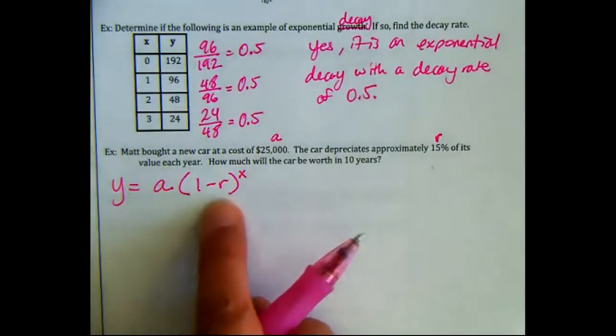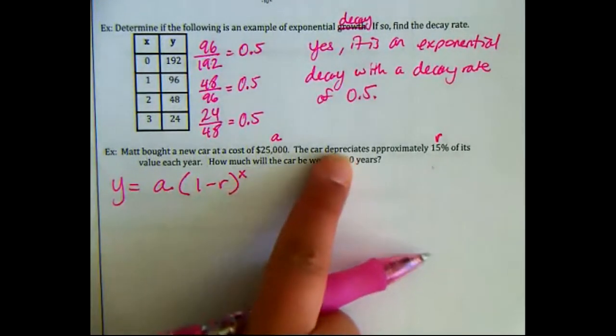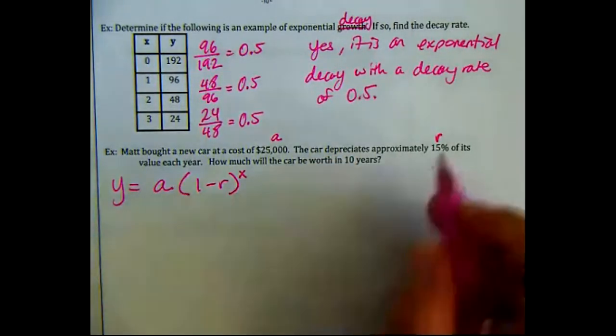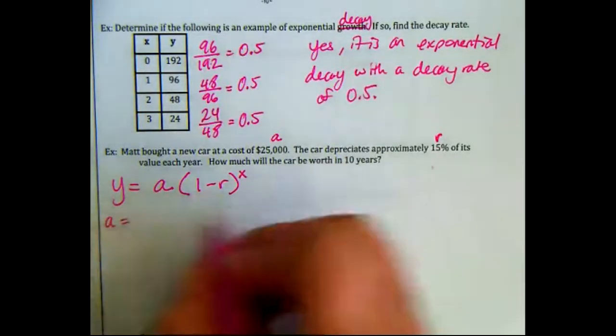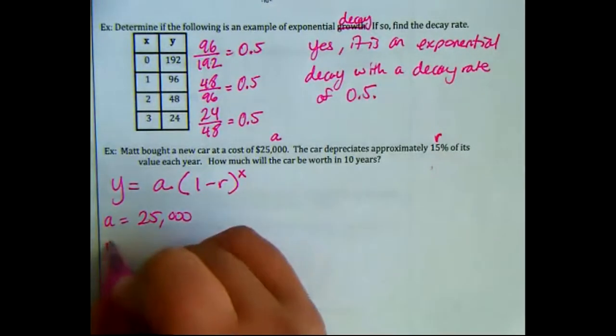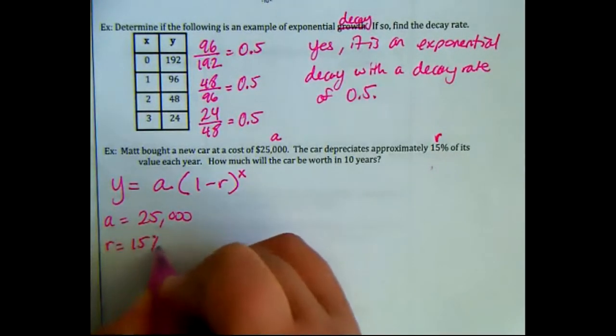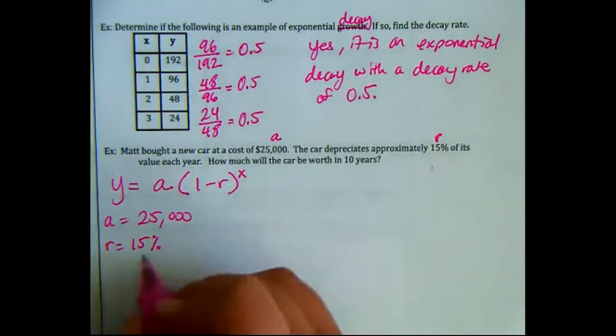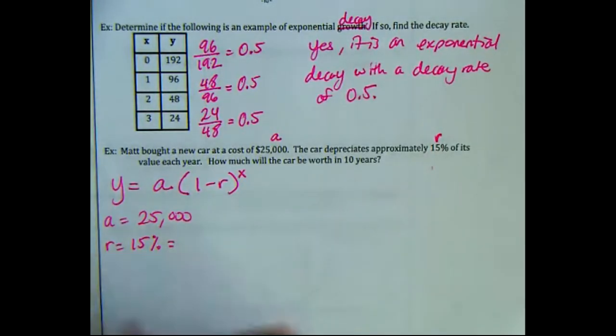Again, minus because it's depreciating, right? That's a dead giveaway. The A is 25,000. The R is 15%. And again, do not forget to change this into decimal form.